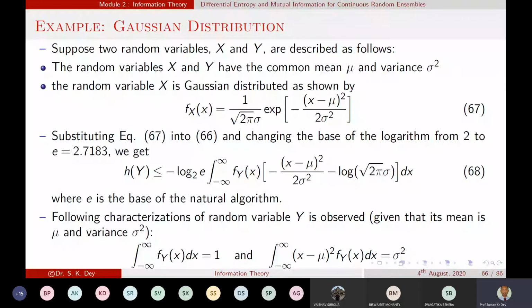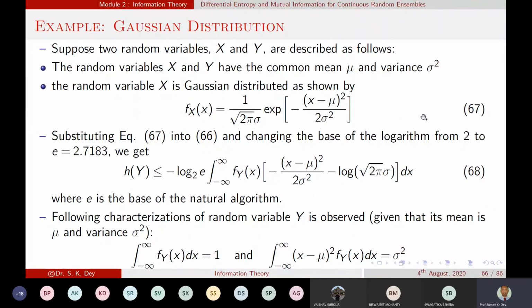So last class we stopped over here. When there is a Gaussian distribution, basically that will check how the continuous random variables x and y are related, and if the random variable x follows the Gaussian distribution pattern.